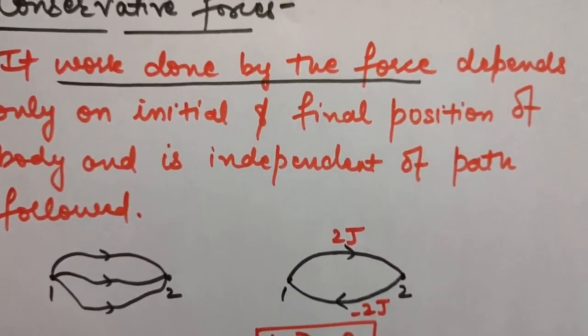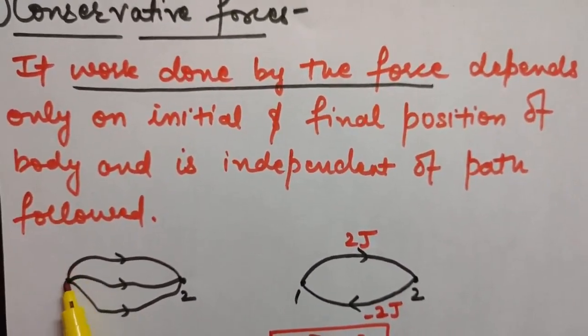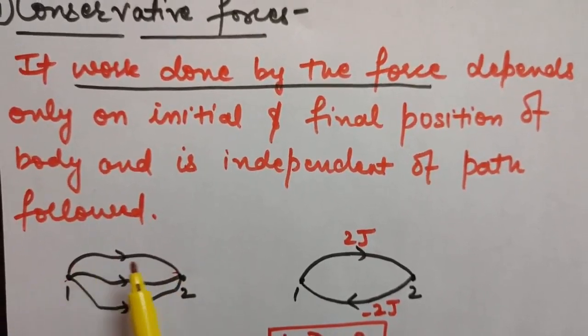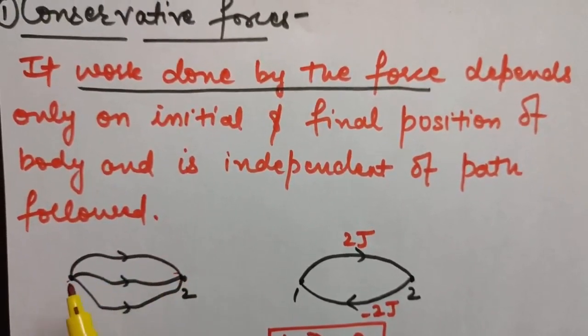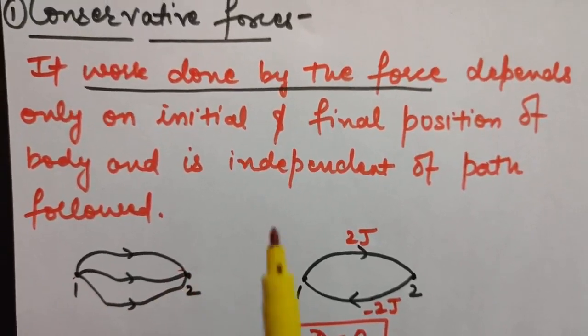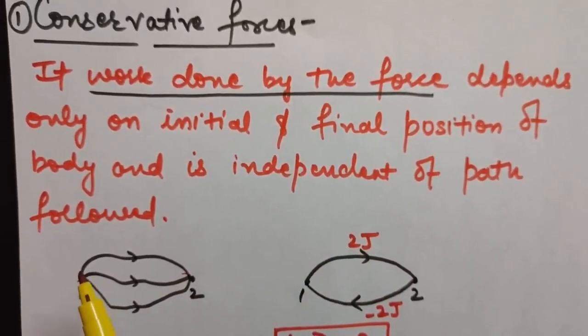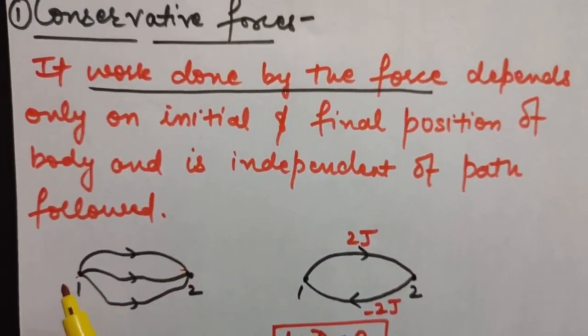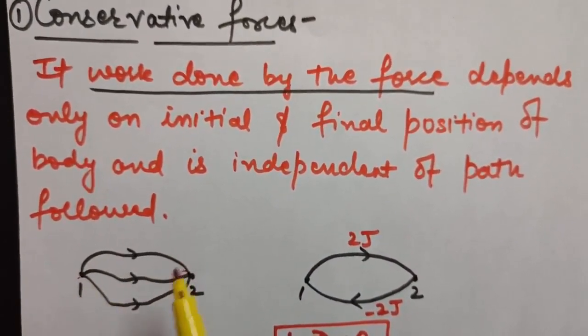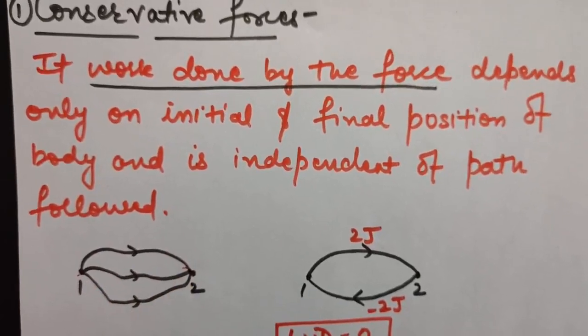That is, suppose you have 2 points 1 and 2, and you go by 3 different paths from 1 to 2, then if work done by the force depends only on the initial and final points and is independent of path followed, then that force will be a conservative force.